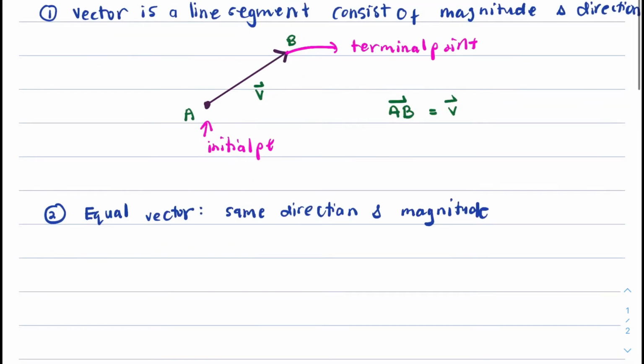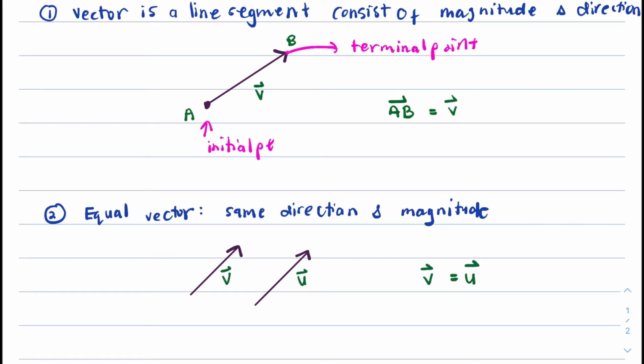For example, vector V is the same as vector U. Why is it? This is V, this is U. It's the same length, same direction. So you can say that vector V is the same as vector U.